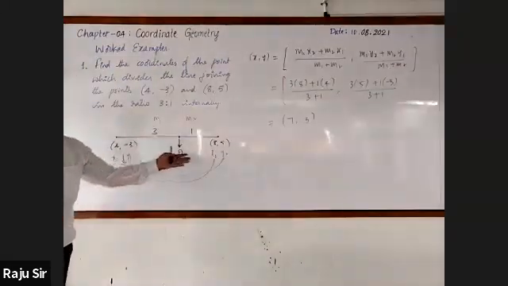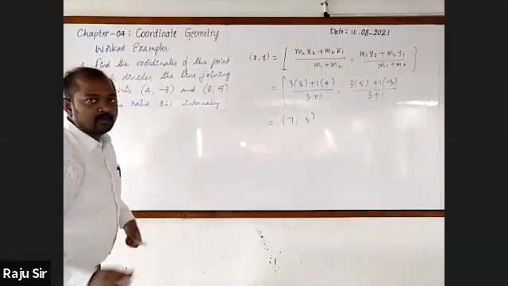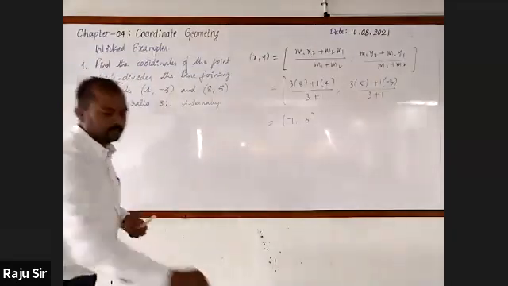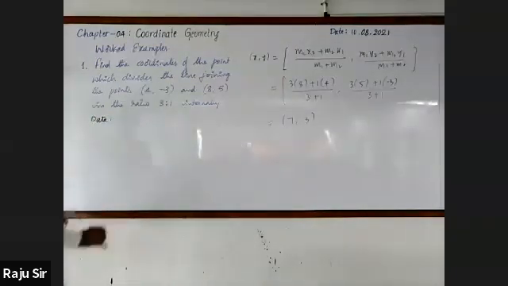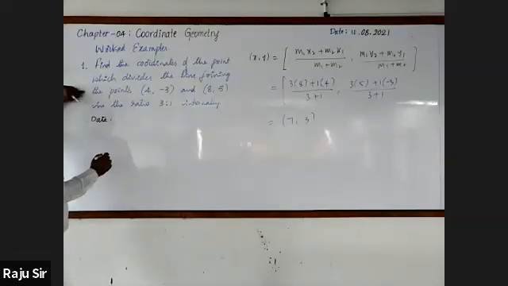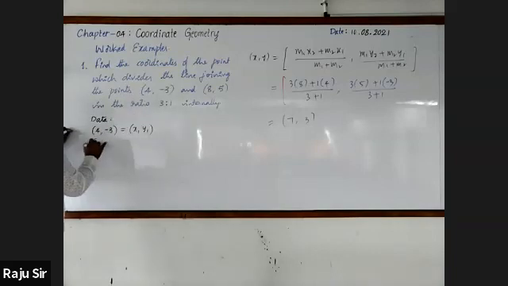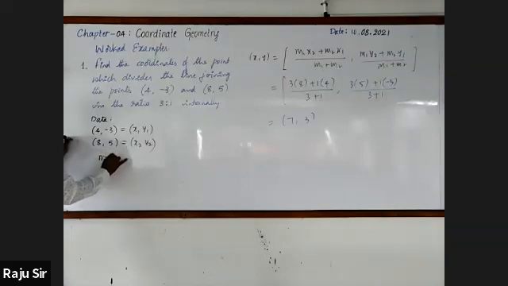Now you just go on writing with me. Data: 2 points here. 4 comma minus 3 is nothing but x1 y1. 8 comma 5 is equal to x2 y2. 3:1 is nothing but m1 is to m2.